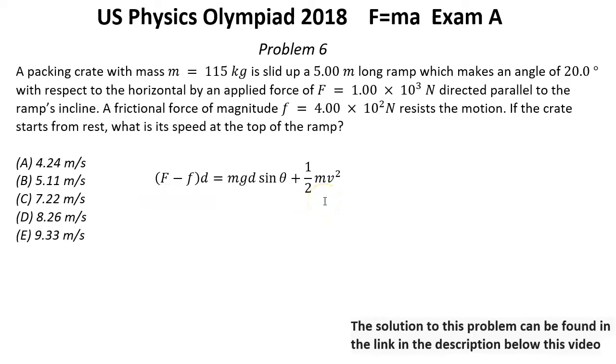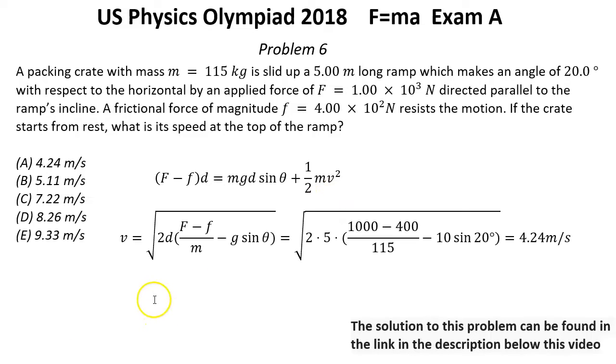From here we can immediately find what the speed v is. That will be this expression, and after putting in numbers we will get 4.24 meters per second, which is answer A. That was the solution for problem number 6.